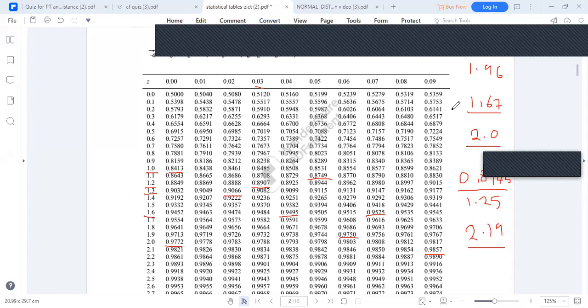That is 1.7 plus 0.05, so what we have is 0.9599, that is 95.99.